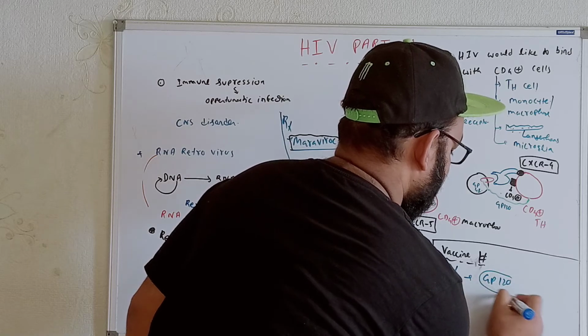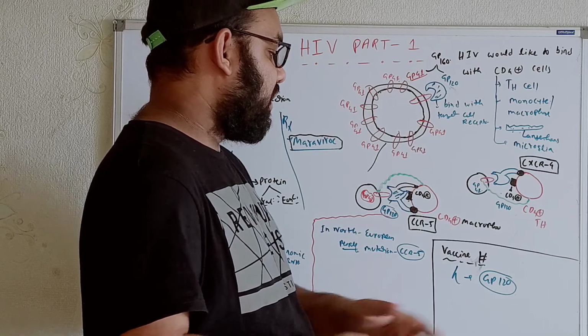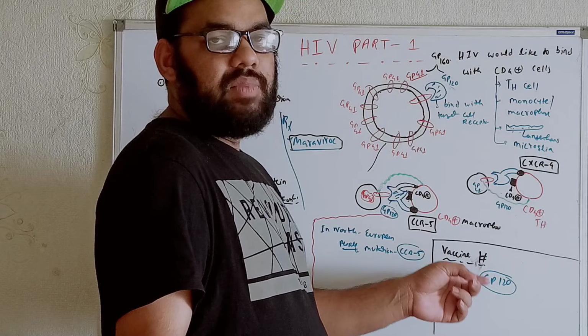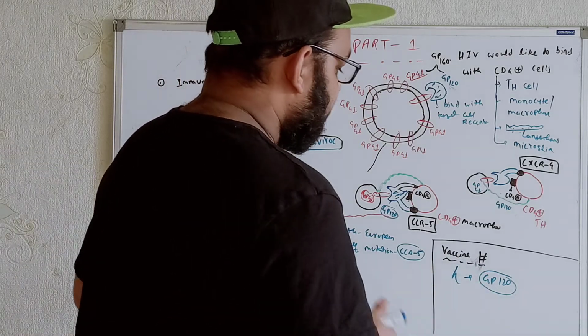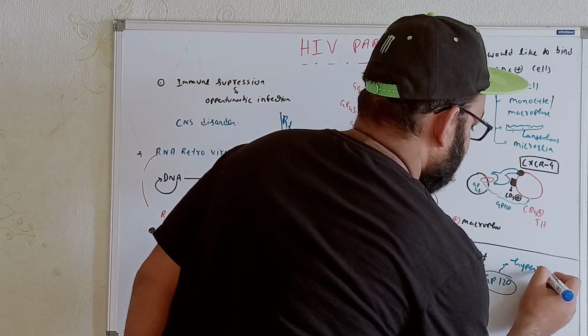glycoprotein 120, but within the glycoprotein 120 you will get one structure, or you can say a region, that is known as hypervariable mutations. So within the glycoprotein 120 we will get a region where we get the hypervariable mutations.